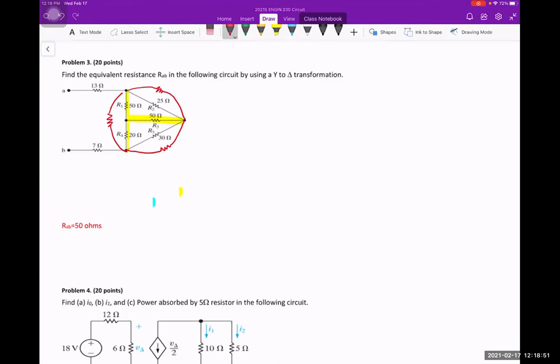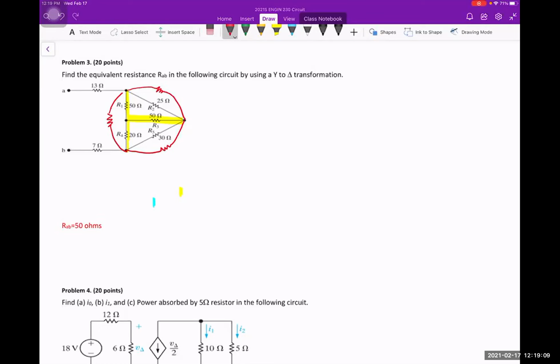When you do that, then for these 3 resistors, you have to give a name so you can use the formula to get a solution. Now you have to denote which one is A, B, and C in the formula.